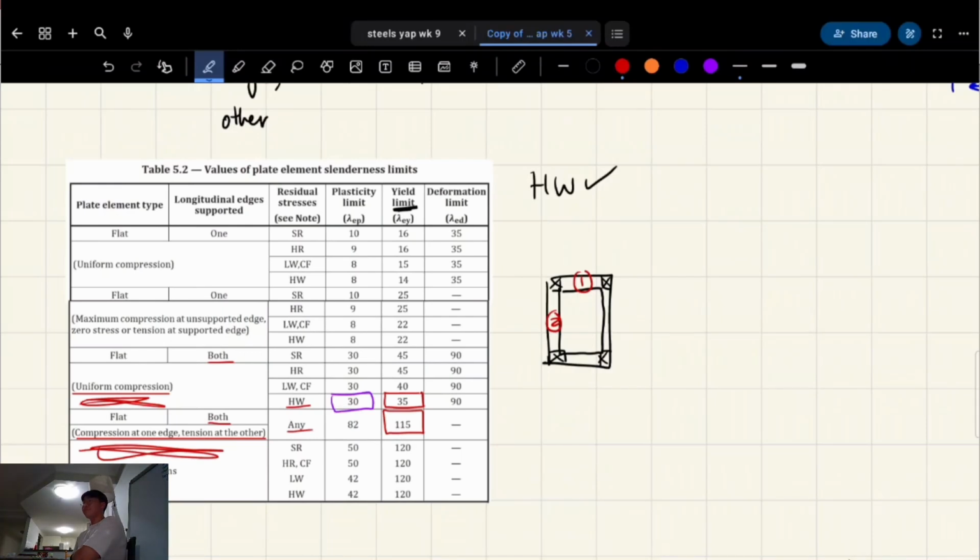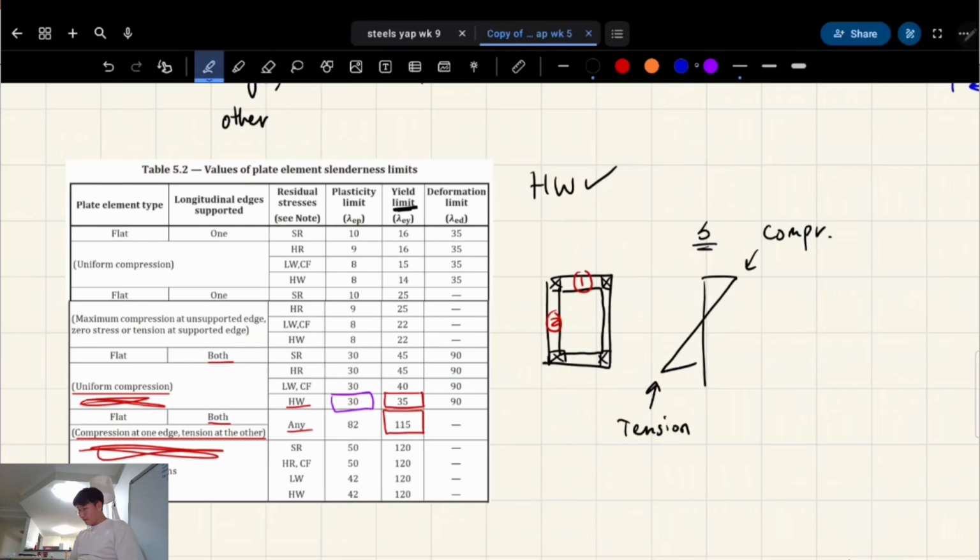Because one edge is in tension and one edge is in compression. For which element, 1 or 2? 2. Correct. Because if we consider the stress diagram, we're bending it, right? So here we have compression, and here we have tension. And so element 2, one edge is in tension, one is in compression.